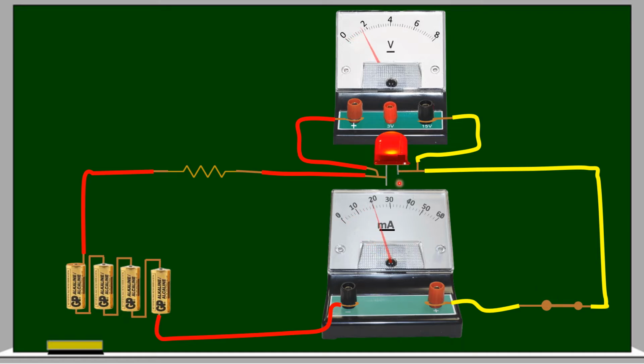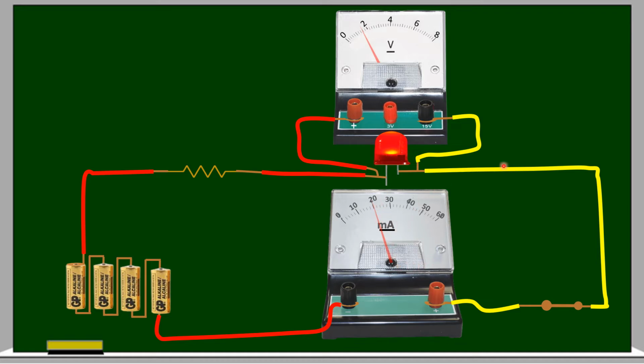Now see here, in this case more current is flowing through the LED. You might have observed the color of the LED is changing depending upon the amount of current passing through it. Now the voltage between the two terminals of the LED is 1.6 volts, and how much current is it allowing through it?